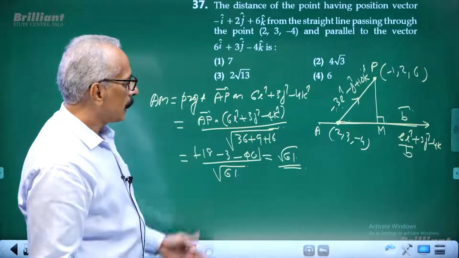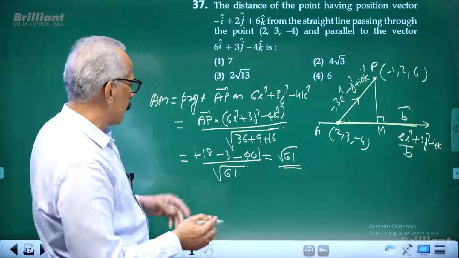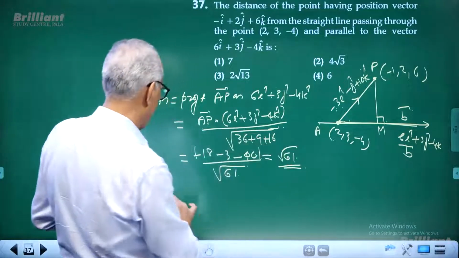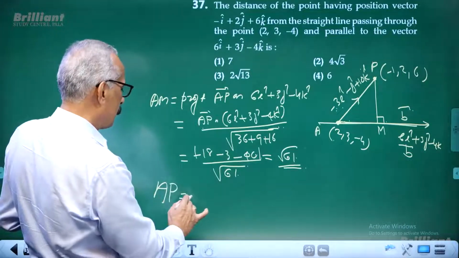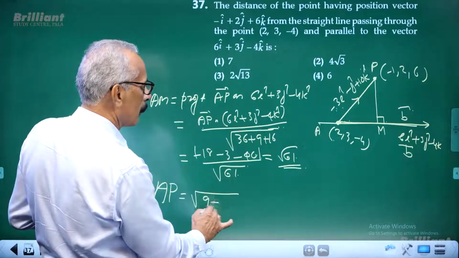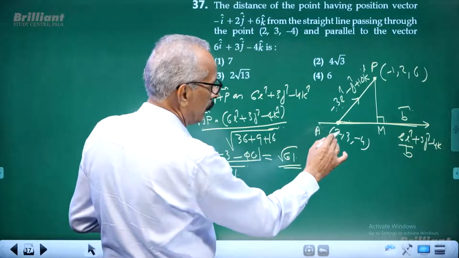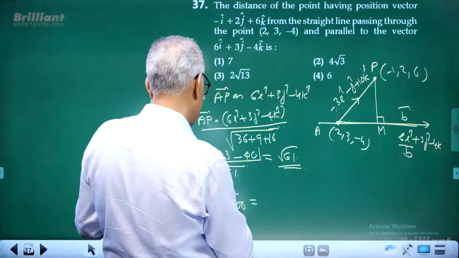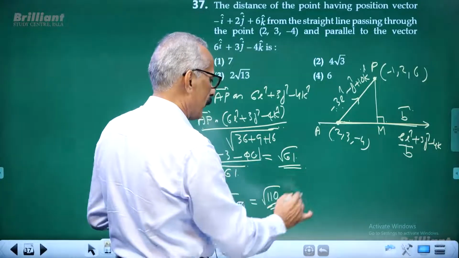Well, I have calculated AM. Length AM we calculate. Now what else? Length AP, we have already calculated. Length AP is equal to root over 9 plus 1 plus 100, that is root over 110.